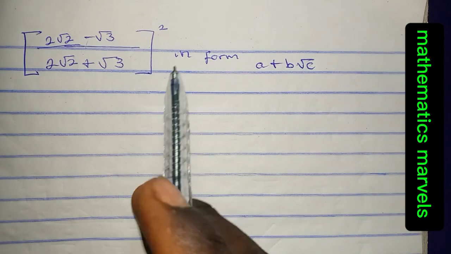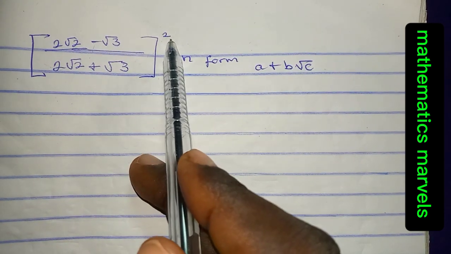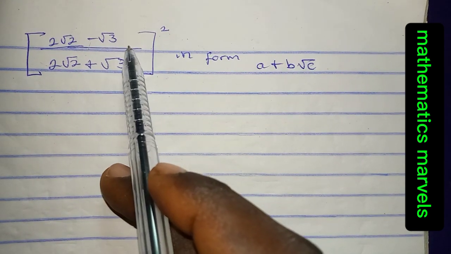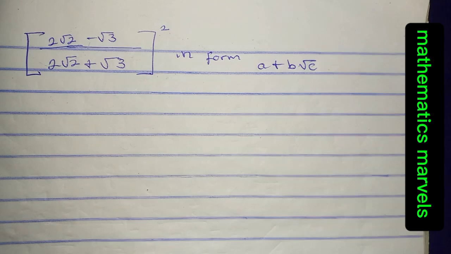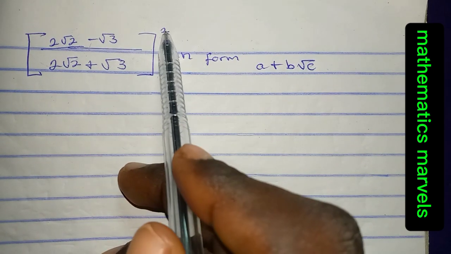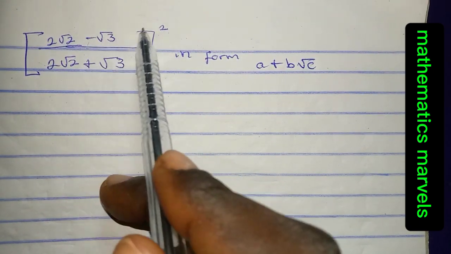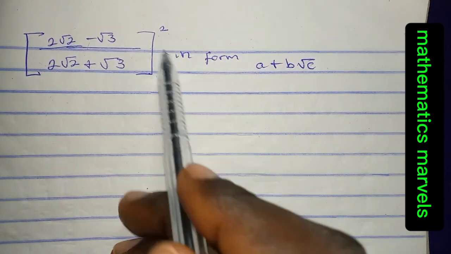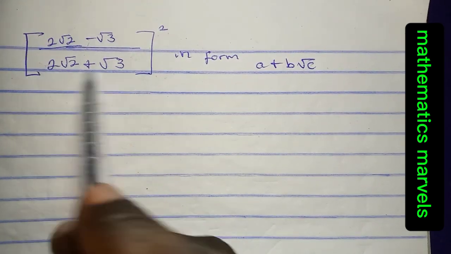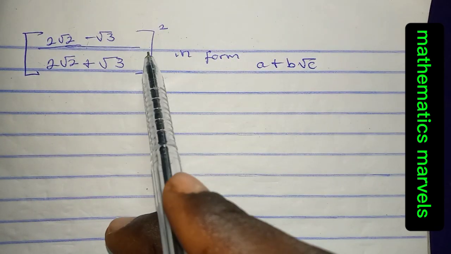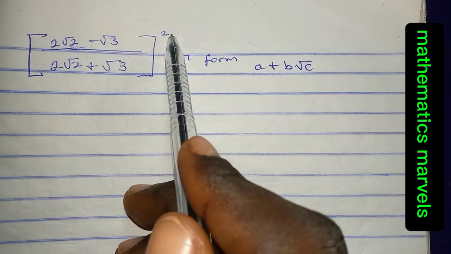So you have a question like this. Here now we are given this in square and we have to solve this surd. Don't forget this is in square and the meaning of this square is this times this. This question times itself is going to give us the square of it.